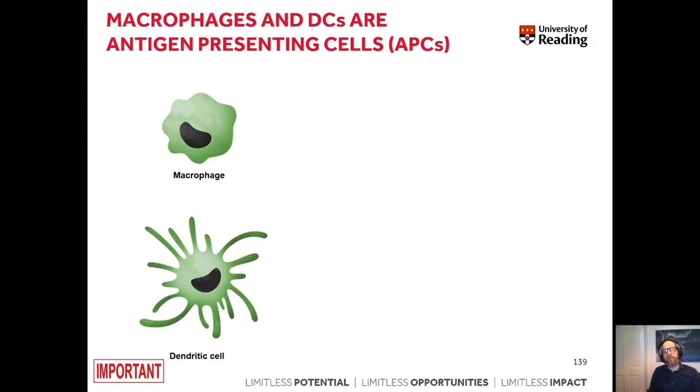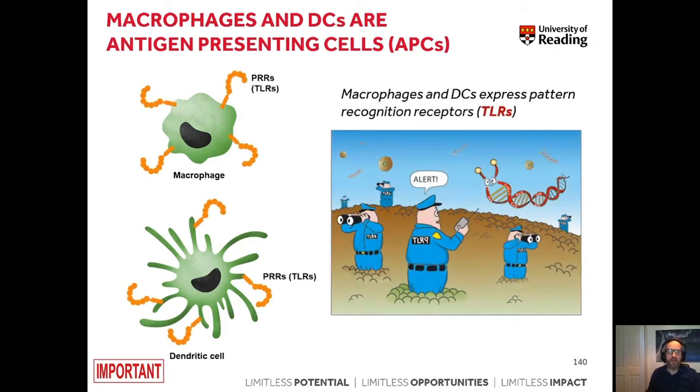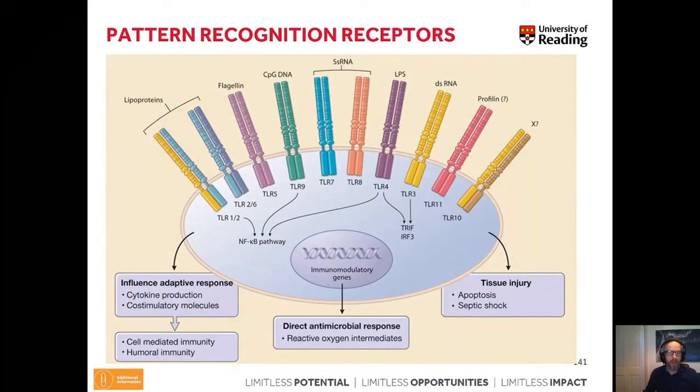Again, if you remember what I told you last week, macrophages and dendritic cells do express very interesting and specific receptors on the surface, referred to as pattern recognition receptors or toll-like receptors. In the human body there is a huge variety of those receptors, and those receptors are able to recognize very different components of pathogens.